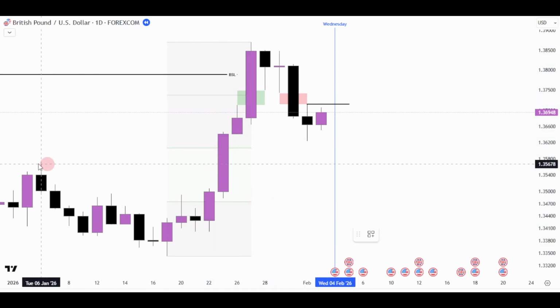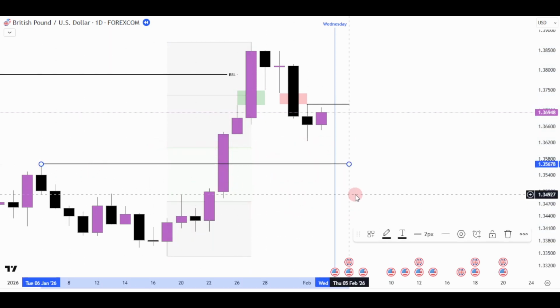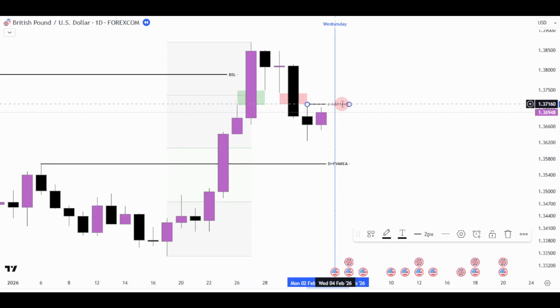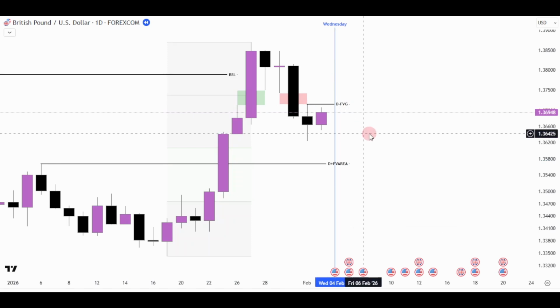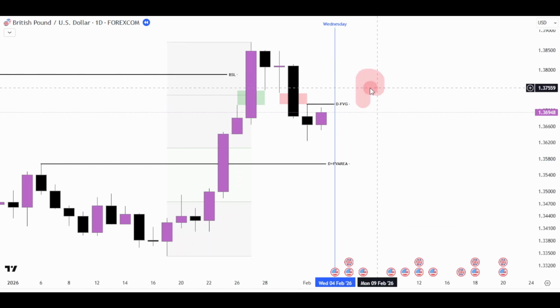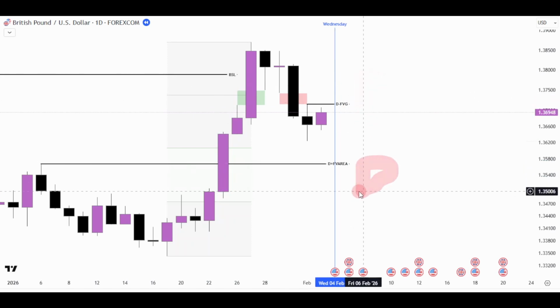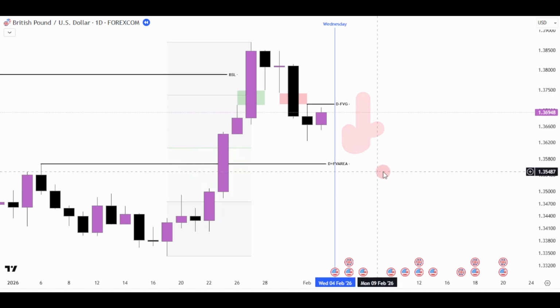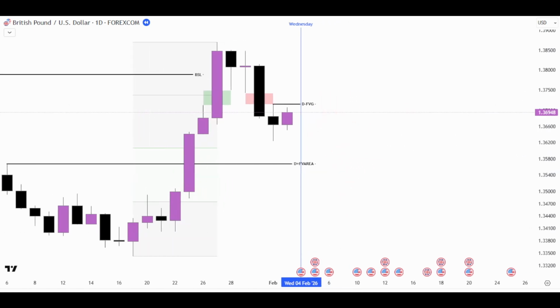Inside it, the nearest element available is this fair value area. And that is it. That is as far as you can go with your anticipations. This premium to this discount. Next, we need to come up with the narrative.